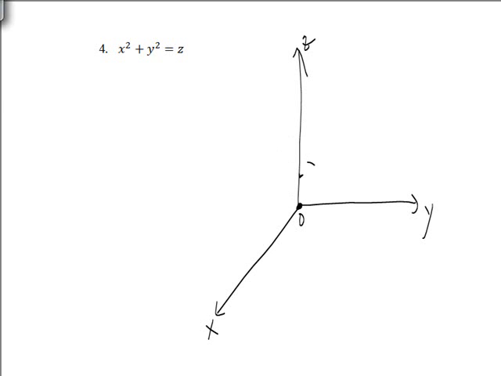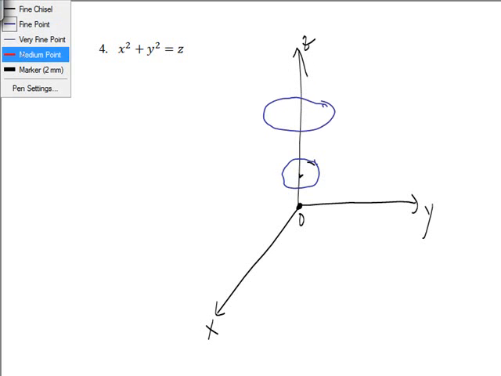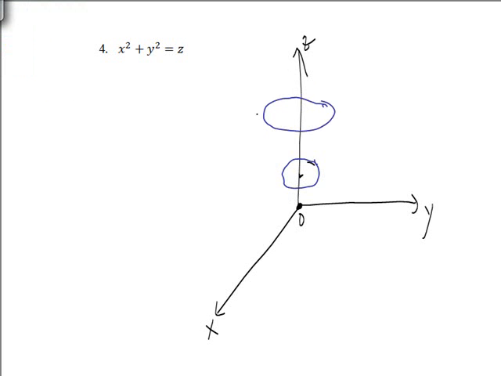Let me use a different color here. And continue. When z is 2, for example, or even 4, let's do 4. What do you have? Circle radius 2. And it continues. And I'm hoping you are seeing what's going to happen. You will have a shape looking something like a bowl. But we do not call it a bowl.